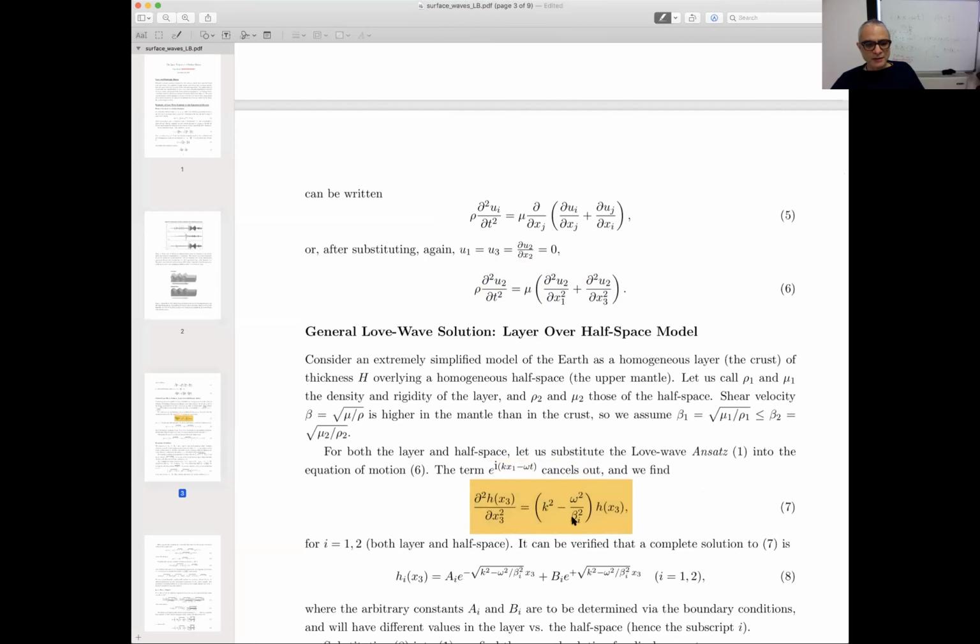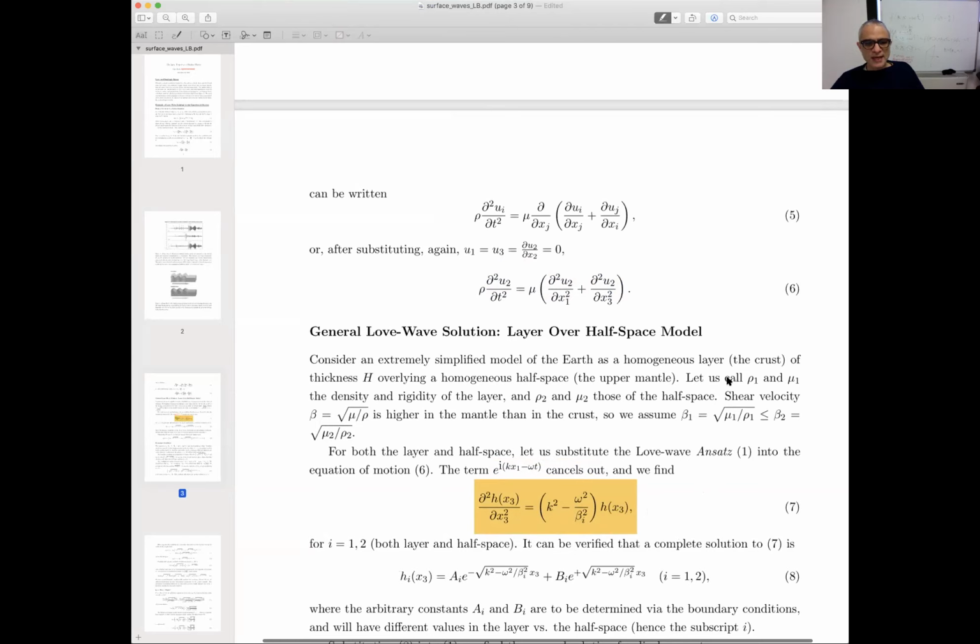The beta here you get by, beforehand, dividing both sides of equation 6 by rho. So you bring rho to the right-hand side, divide both sides by rho, call beta the square root of mu over rho, and after substituting the ansatz, you get this expression.